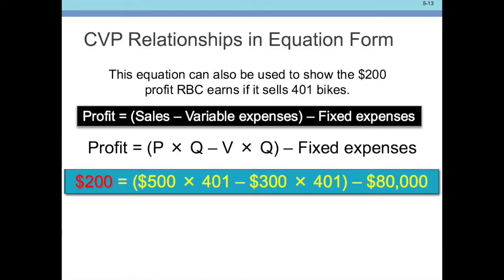So we know that profit is $200 equals 500 times the 401 minus 300 times the 401 minus 80. Well, you can see what we're going to factor out here, aren't we? Instead of doing it over 401 units, we're going to factor out the units and do it over 1 unit. So what's the difference if we factor that out?